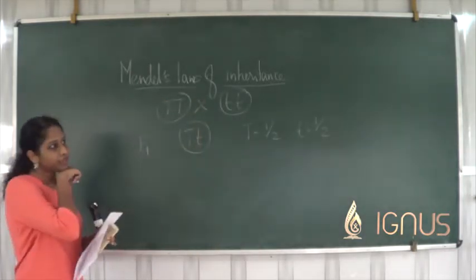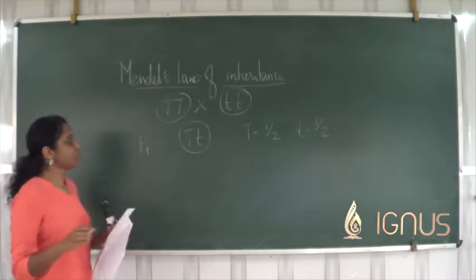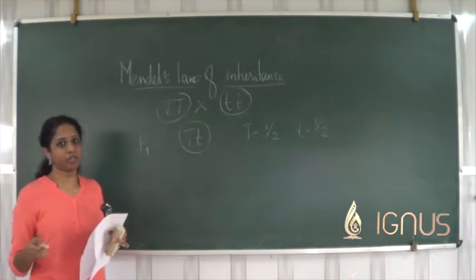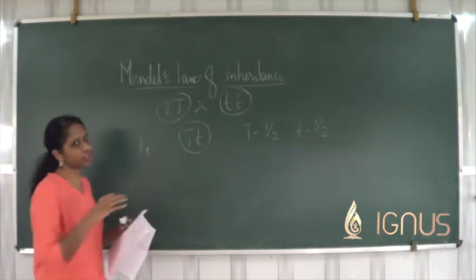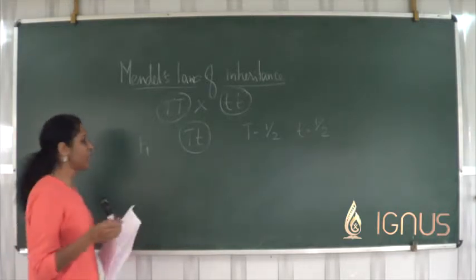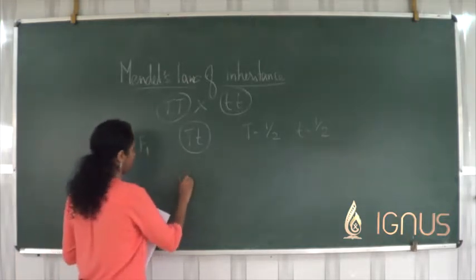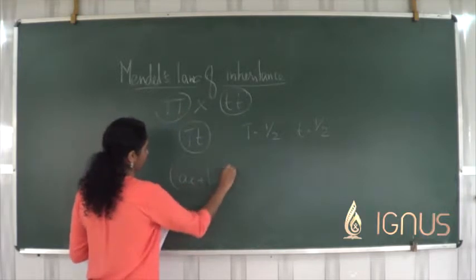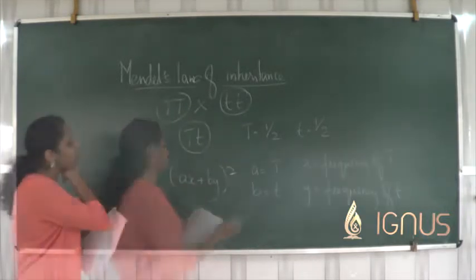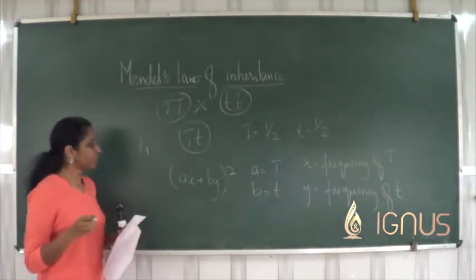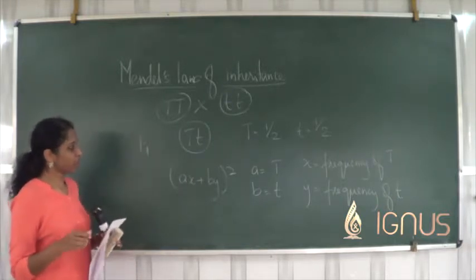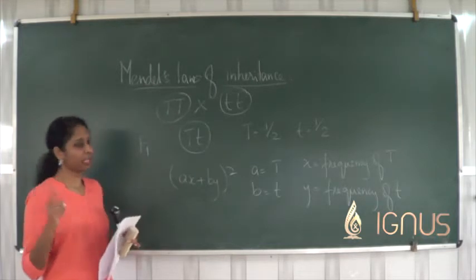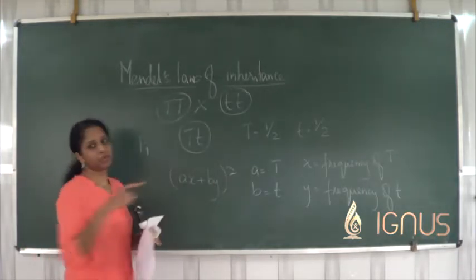If you want to figure out the frequency of the gamete, how often it is going to occur in either the F1 generation or the F2 generation, you can do it using the equation (ax + by) whole square, wherein a is referring to one of the gametes, b is referring to another gamete.